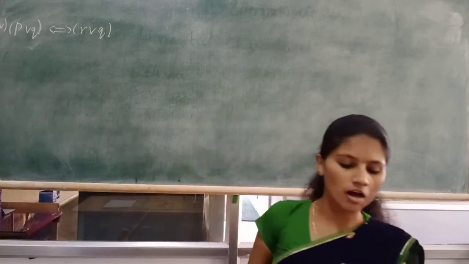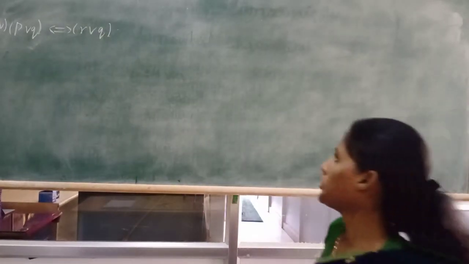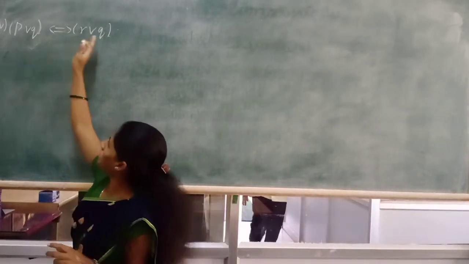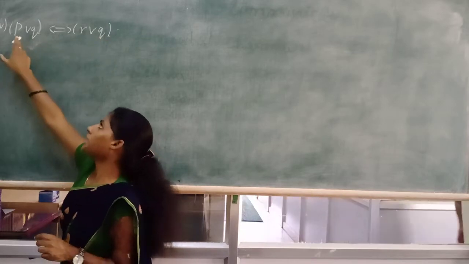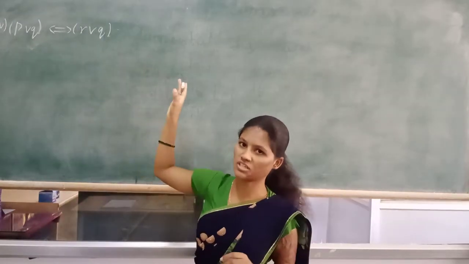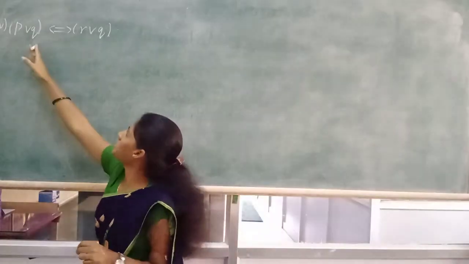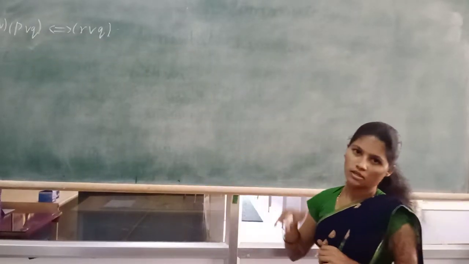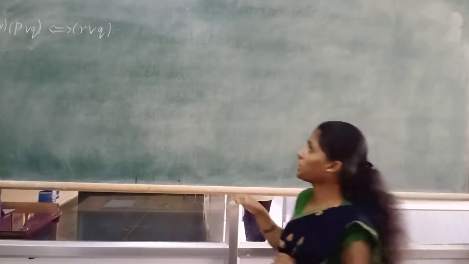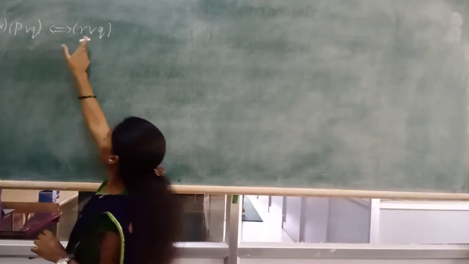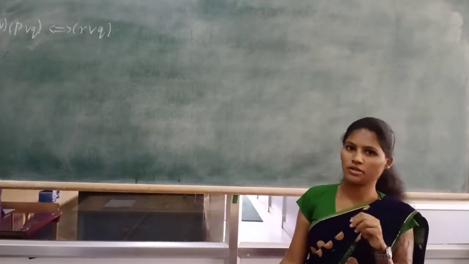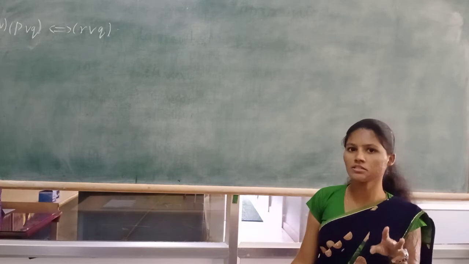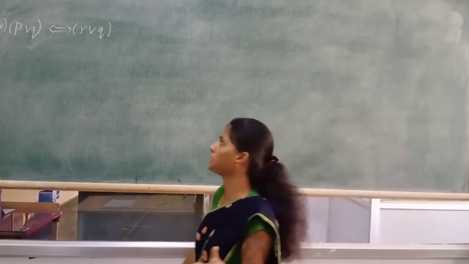By observing this problem, we get an idea of which statements are given. Here P, Q and R are three statements, three propositions; you can call them statement or proposition.